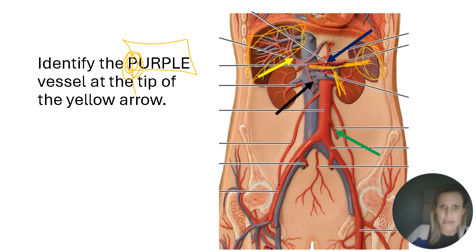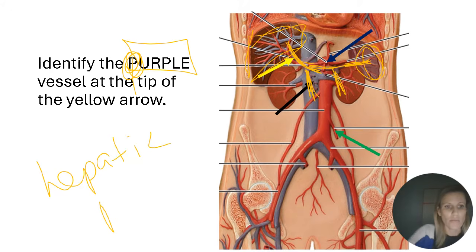Then the splenic continues. The next thing that merges is the superior mesenteric vein. Where those two merge, that gives us the hepatic portal vein. So this is the purple vessel going into the liver. This is the hepatic portal vein.